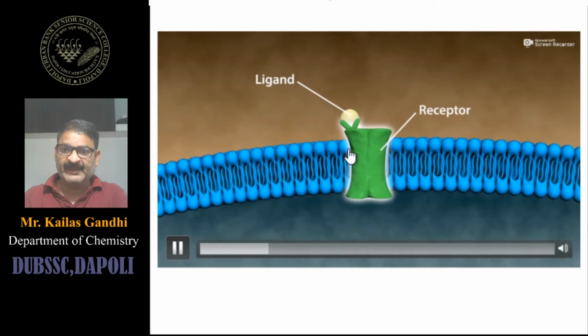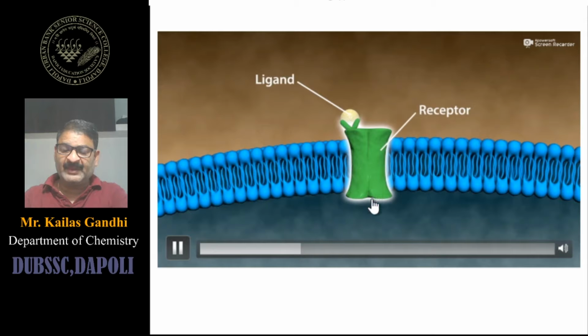The ligand gets bound to the receptor and the receptor gets activated, and after that it opens its gate and the ions move from one side to another side. So this is the function of this type of receptor.